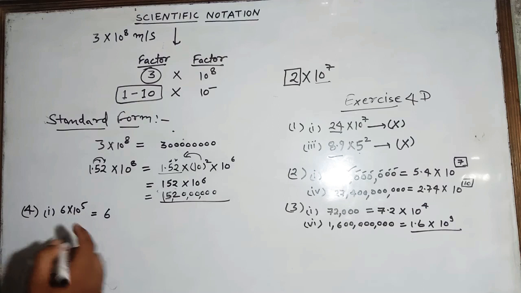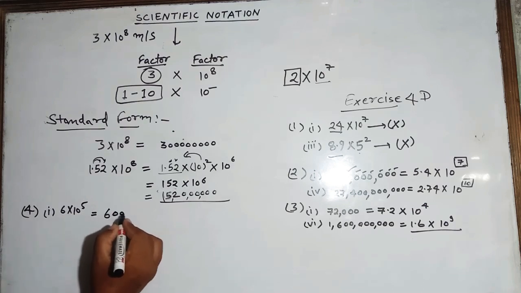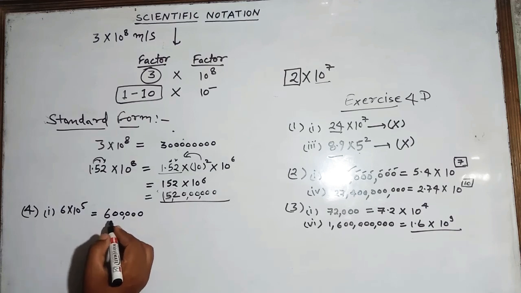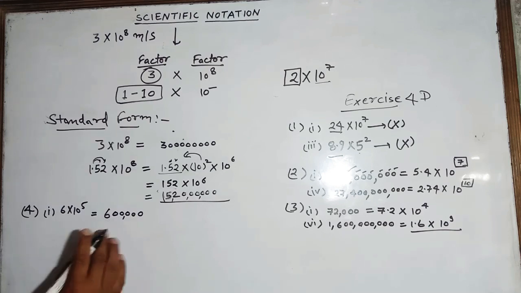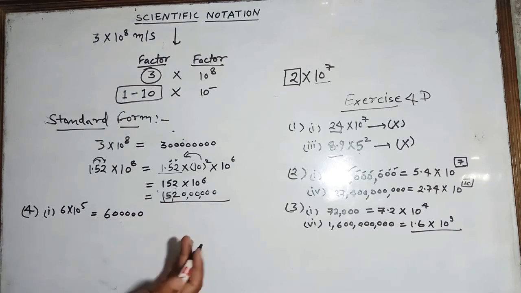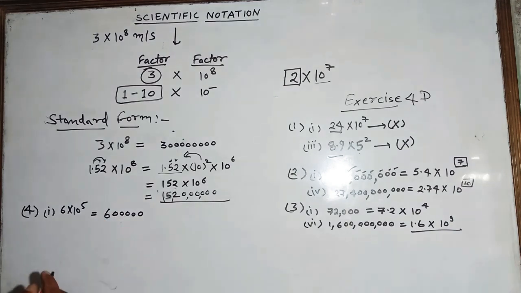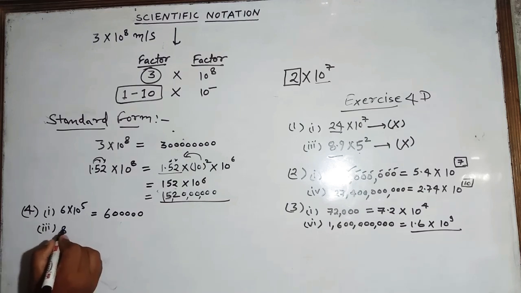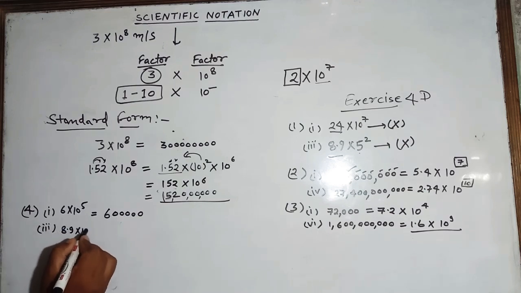So 5 zeros will be there: 1 2 3 4 5. So you place a comma after 1 2 3, then 1 2; it will be enough, or it is your choice whether you put a comma or not.